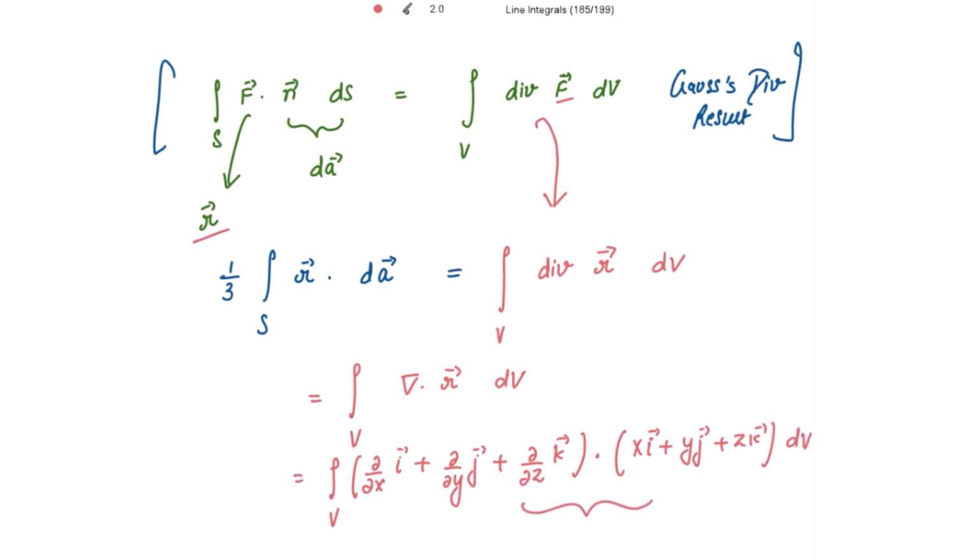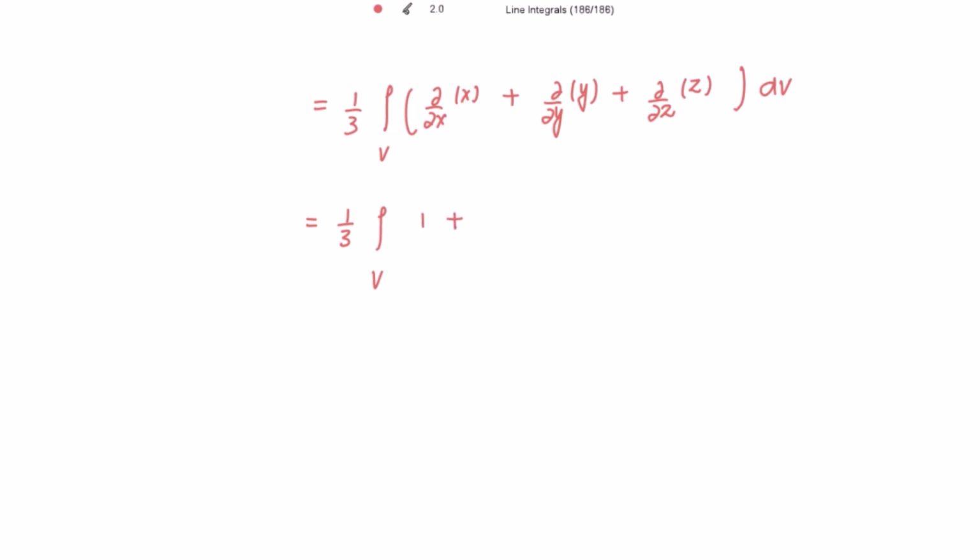When you take the dot product of these, you get 1/3 of the volume integral of curly by curly x of x plus curly by curly y of y plus curly by curly z of z dV. So this is equal to 1/3 of the volume integral. Okay, curly by curly x of x is 1 plus curly by curly y of y is also 1 plus curly by curly z of z is also 1 dV.